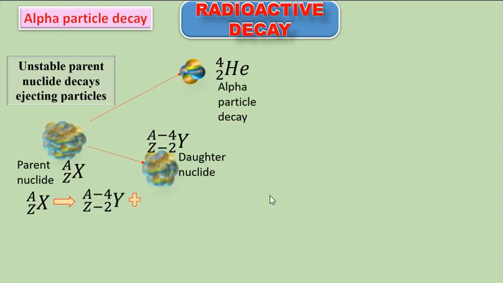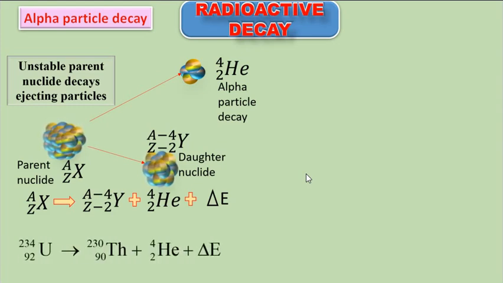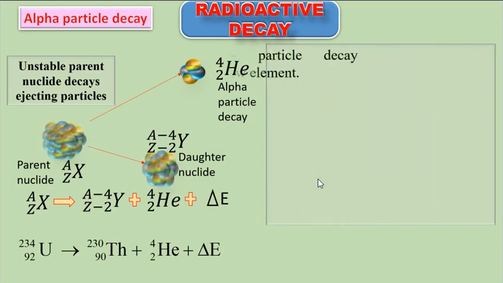This is what is referred to as alpha decay. So you can see the equation of that alpha decay. Remember, in every chemical equation we write, energy must go along with it. Now this is a specific example as we already seen in the other slide. So now, we are seeing alpha particle decay.